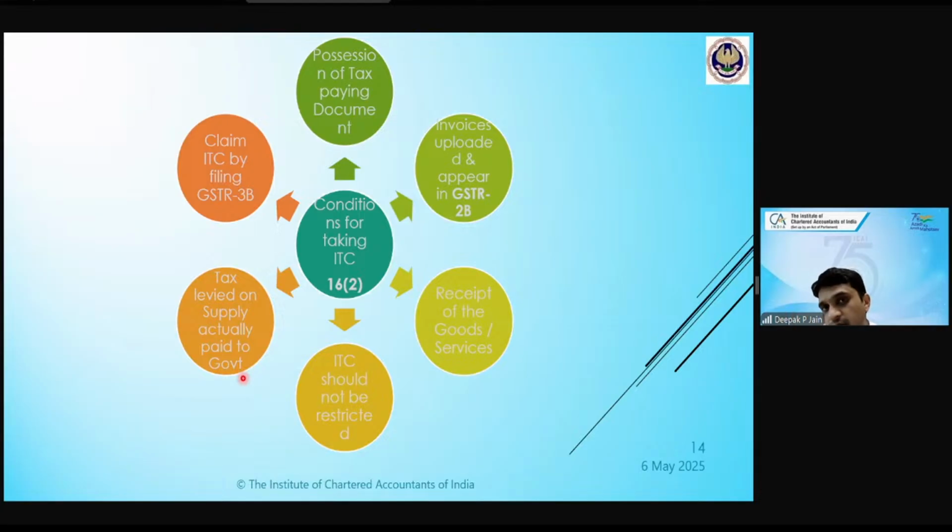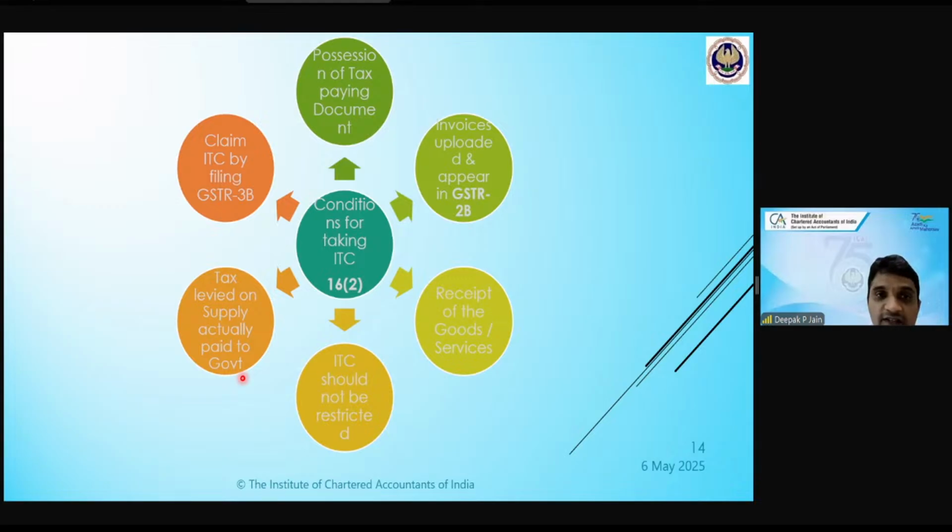You have got an invoice, you have received the goods, it is in your 2B, it is not restricted, but the supplier has not paid tax to the government. So how will you get the credit? If he pays the tax to the government, then the government will give credit to you. So the fifth condition is that the tax which is levied on the supply should be actually paid to the government.